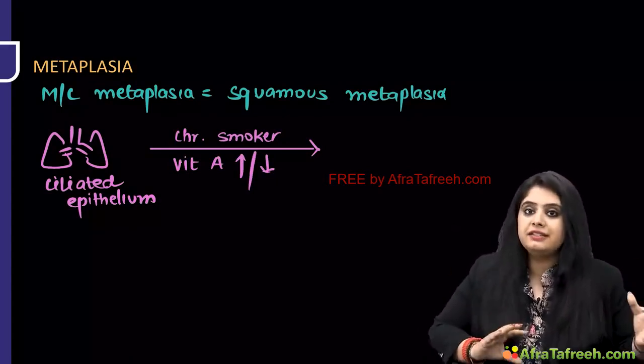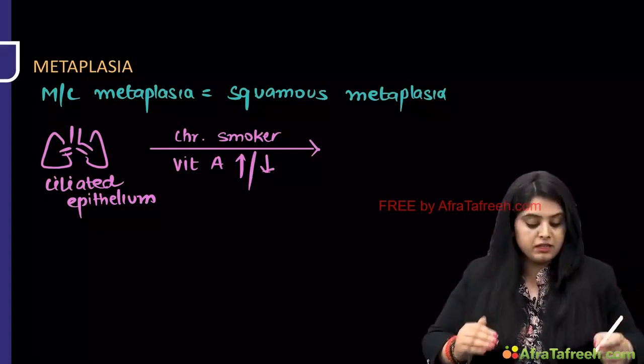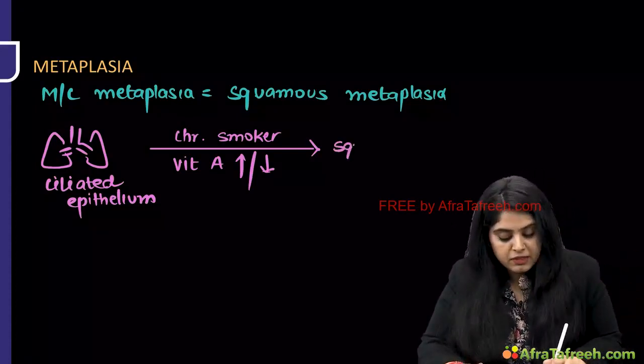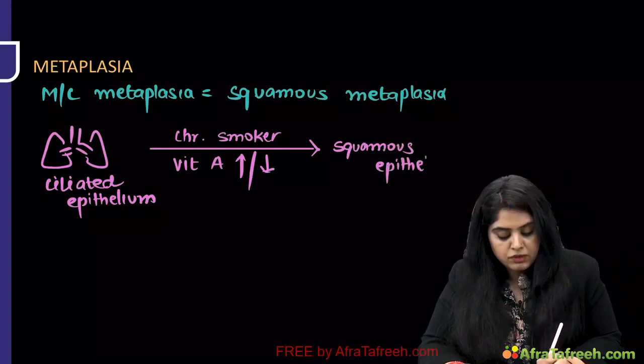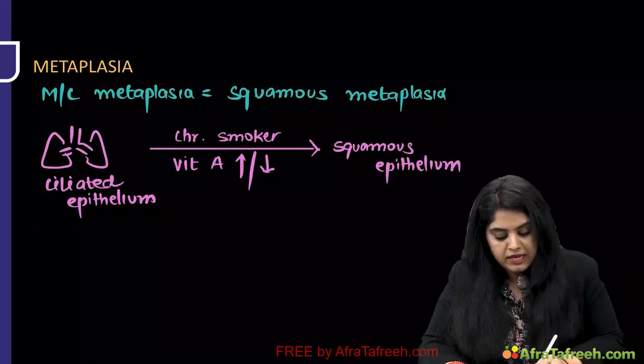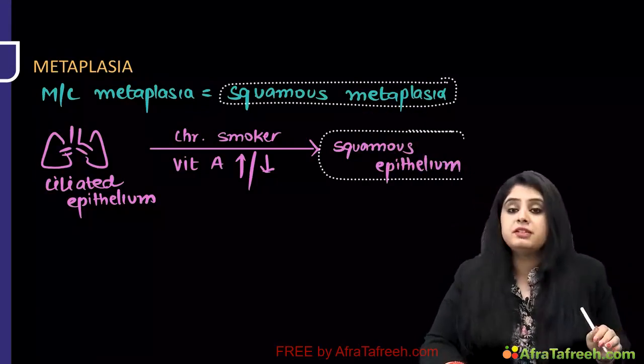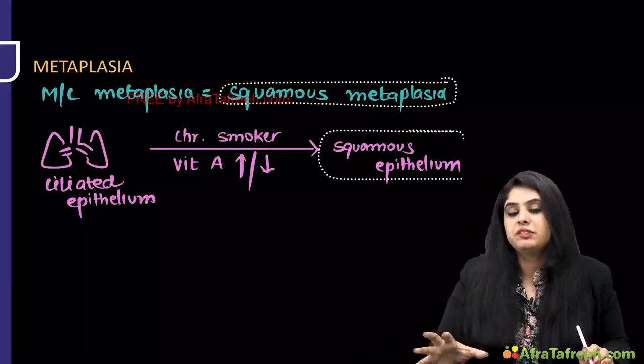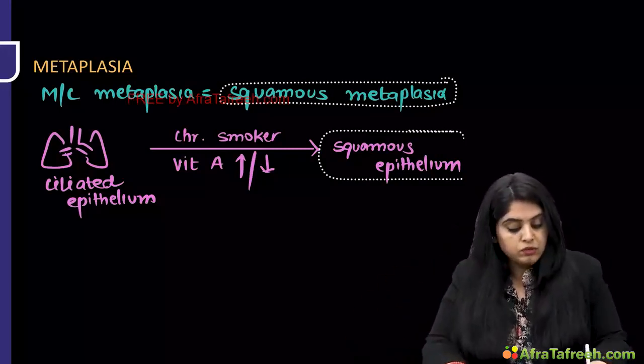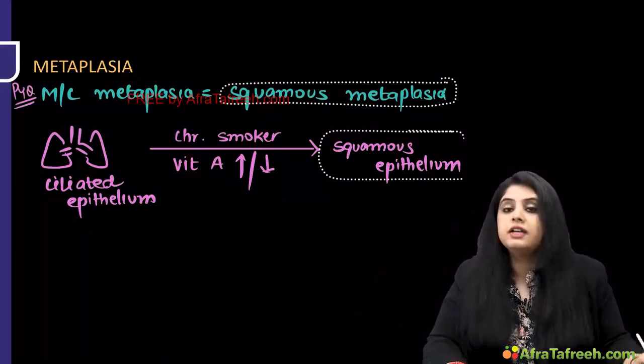Less of vitamin A and excess, both are a problem. The epithelium is then going to change into squamous epithelium. So tell me, why did you call it squamous metaplasia? Look at the end result. The terminology is made on the end result. So squamous metaplasia is because in the end I get squamous epithelium. That is the most common metaplasia, another PYQ in front of you.